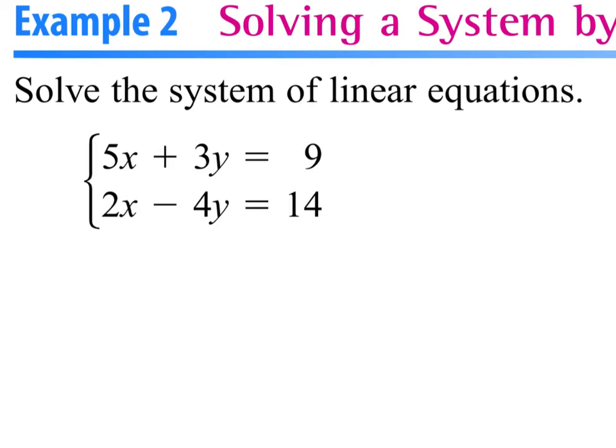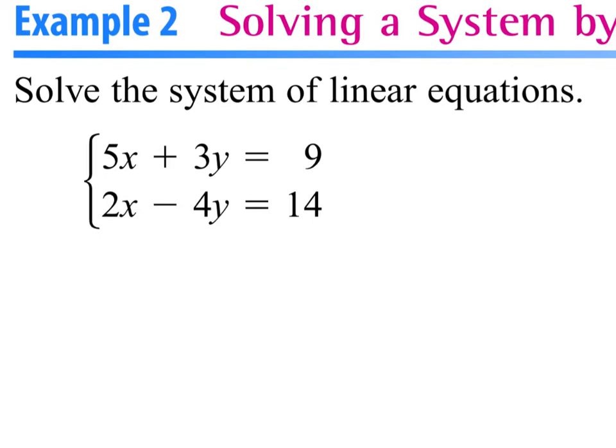Negative 2 to the first equation? We can either cancel out the x's or cancel out the y's. If we want to work with the x's, we could multiply the top one by negative 2 and the bottom one by 5. If we want to cancel out the y's, we could multiply the top by 4, the bottom one by 3. So our options are limitless here.